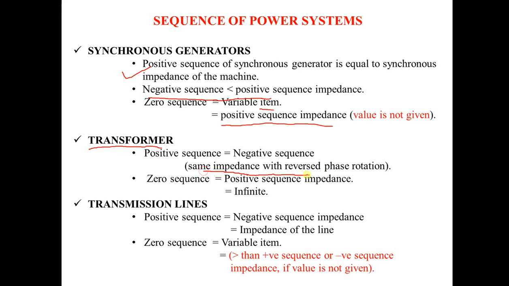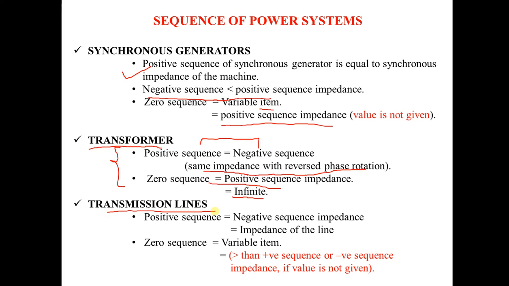For zero sequence, it depends upon the earth condition or connection. For earth current, the zero sequence impedance will be equal to the positive sequence impedance, or it will be infinite. This is the given condition for the transformer.